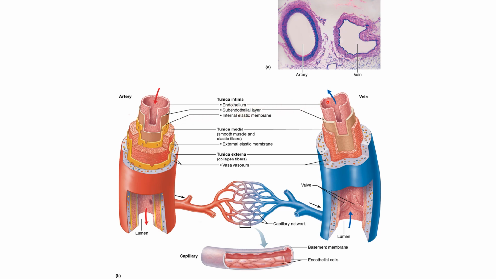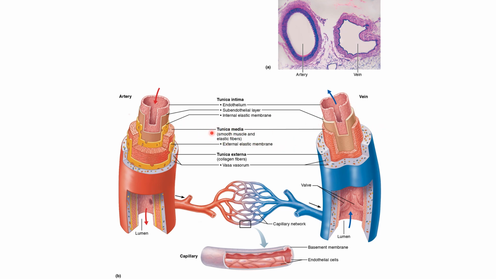This vein has endothelium, then it has a subendothelial layer, and it has no internal elastic membrane, right? So there are differences in the vessels. There are differences between arteries and veins, and then there are also differences between different types of arteries and different types of veins.